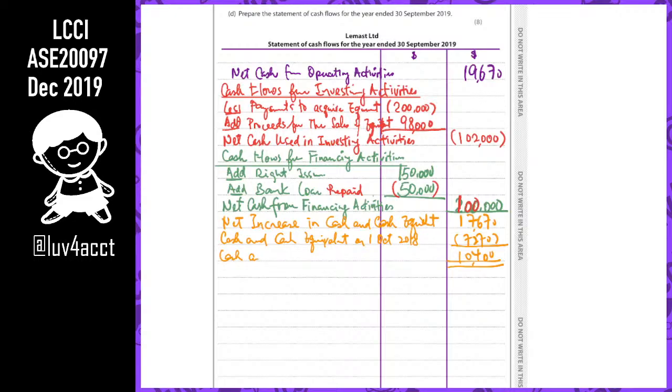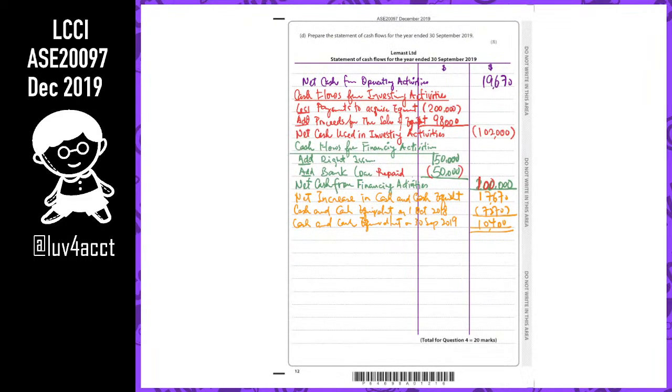I hate to write so many words, it gives too much pressure on my hand. So you know the words. On 30th September year 2019. Finished. That is 20 marks for question 4. Oh, I forgot to put statement of cash flows here. Let it appear for 5 seconds. So 20 marks.